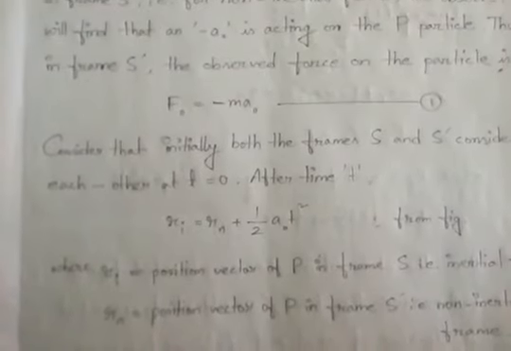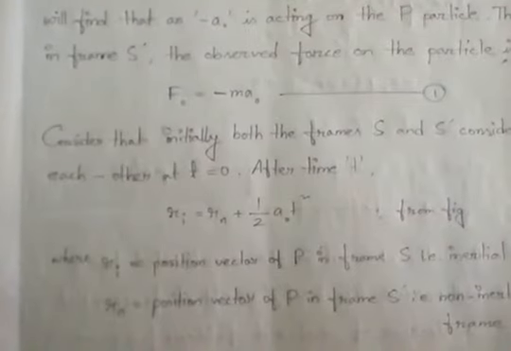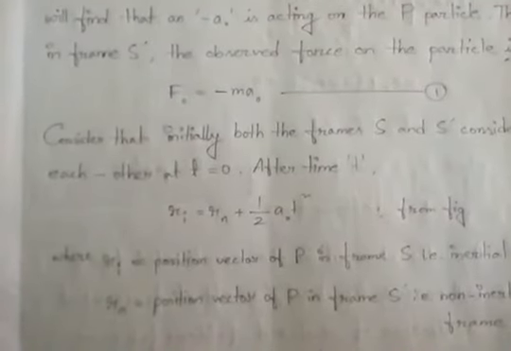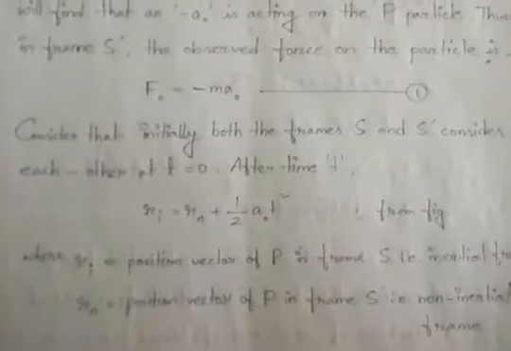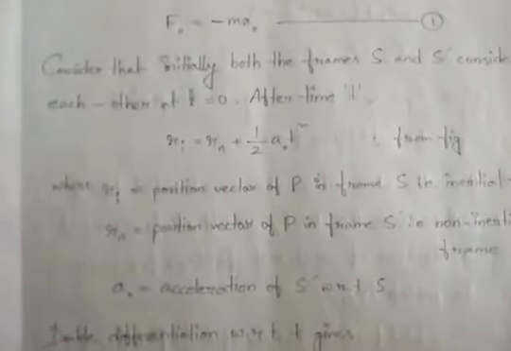This comes from the figure, where ri is the position vector of P in frame S, that is the inertial frame, rn is the position vector of P in frame S dash, that is the non-inertial frame, and a naught is the acceleration of S dash with respect to S.